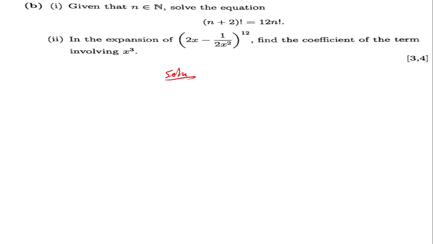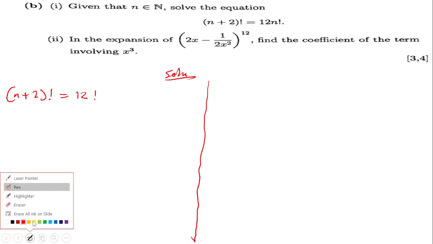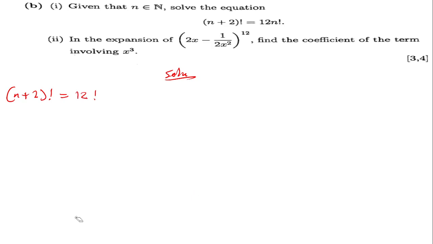This question is coming from binary operation, and we have been given (n+2)! is equal to 12n!. You need to follow the factorial rule to work out this particular question, and I'll explain the factorial rule during our lecture class.